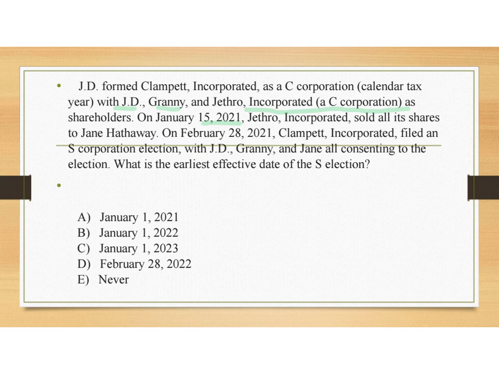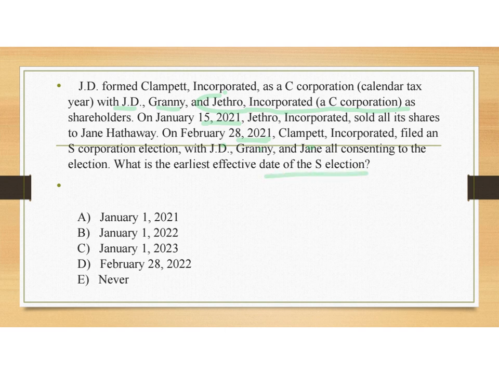On February 28th of 2021, Clampett Incorporated filed an S corporation election with JD, Granny, and Jane all consenting to the election. So they no longer have an ineligible shareholder. What is the earliest effective date of the S election?